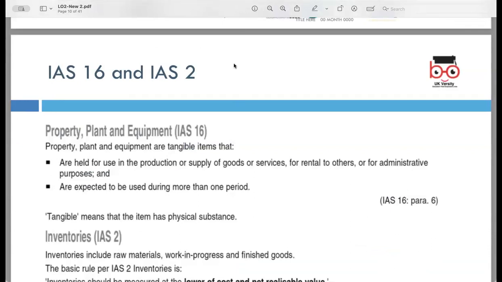IAS 16 and IAS 2. IAS 16 deals with the accounting for tangible items that are used in the production or supply of goods or services, rented to others or used for administrative purposes, and are expected to be used during more than one period.